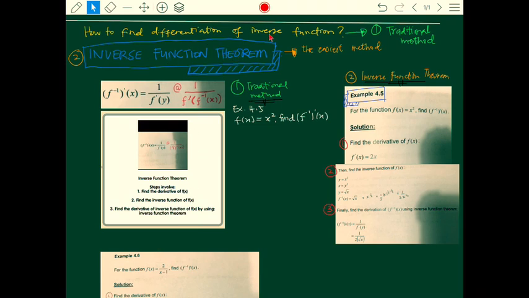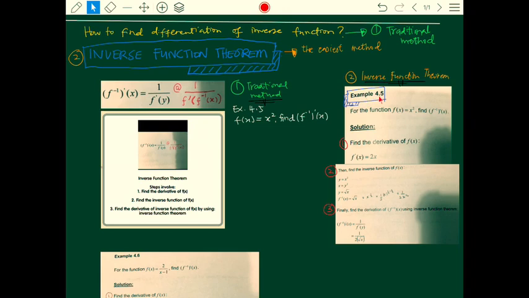Before that, let's recap. To find the differentiation of an inverse function, we have 2 methods. The first one is the traditional method, and the second one is by using the inverse function theorem, which I would say is the easiest method. Still, before we go for how to do it using the inverse function theorem, let's have a look into the traditional method.